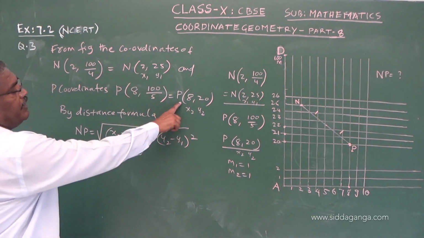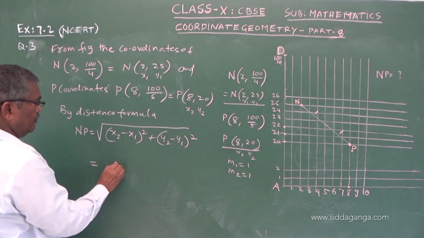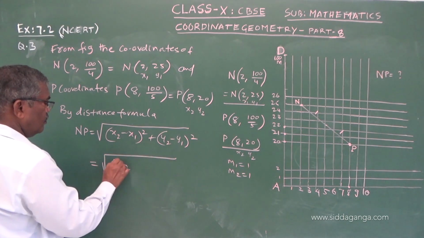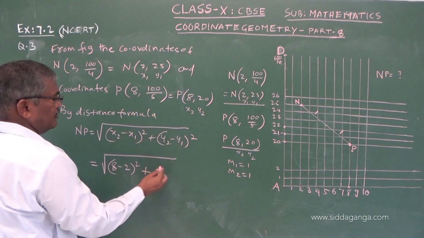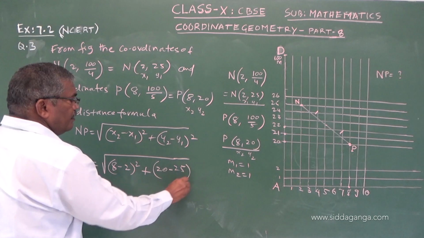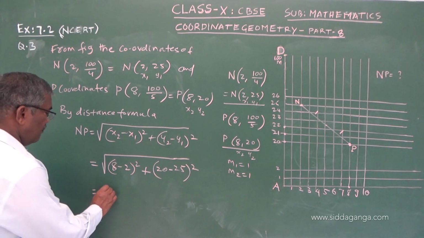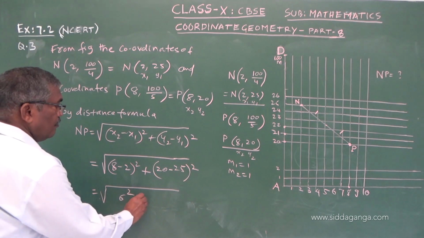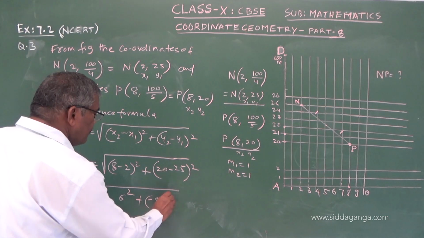So x2 minus x1 is 8 minus 2, whole square, plus y2 minus y1, 20 minus 25, whole square. So this equals square root of 8 minus 2 is 6 square, plus 20 minus 25 is minus 5 whole square.